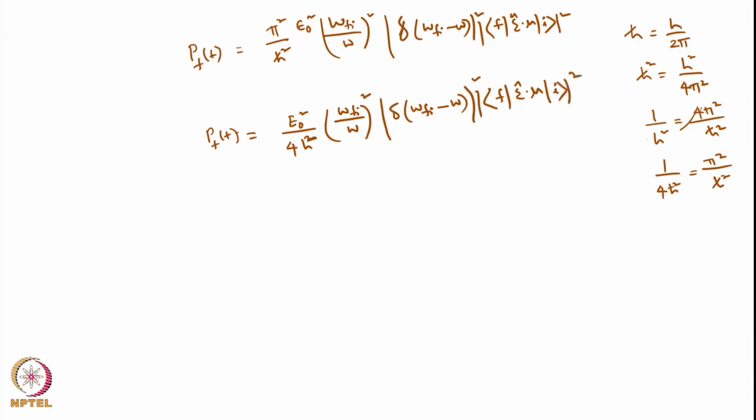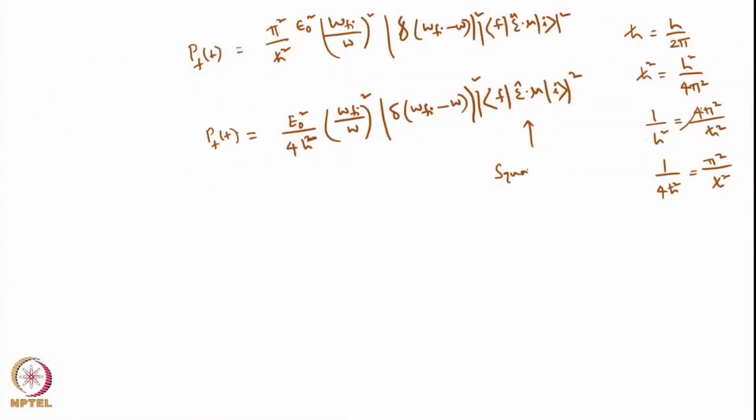Now you can see, you can write in two different ways. Essentially the functional form still remains the same. So it will have the square of the transition moment integral and then we will have this delta function and some constants.